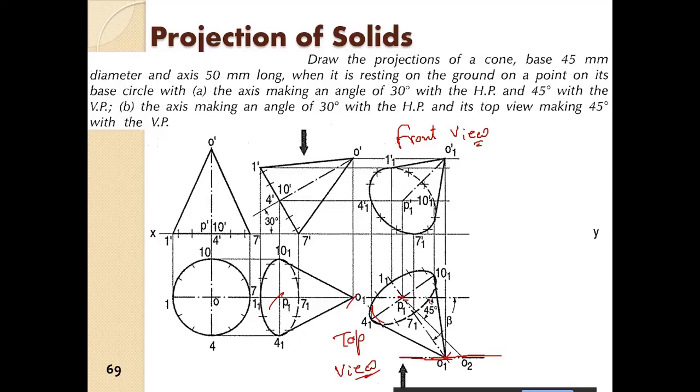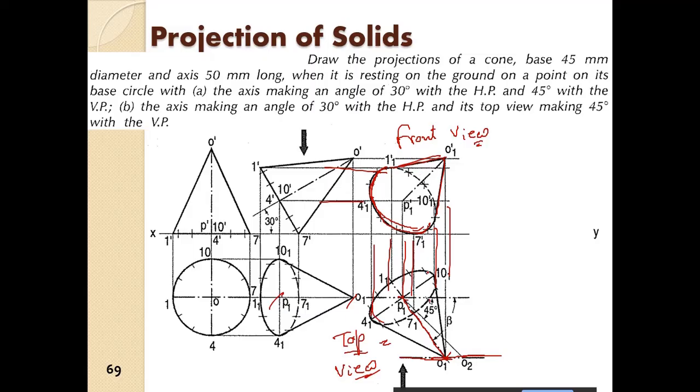This is the angle of inclination of the top view, that is beta. So you just rotate this view, that is the top view itself, and from here again you drop projectors up, and from here you drop the projectors horizontally right, and you get the front view. This is the section of the cone that you will see, and here this is the dotted line, so that will be hidden.